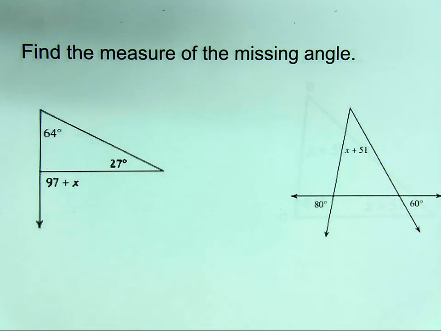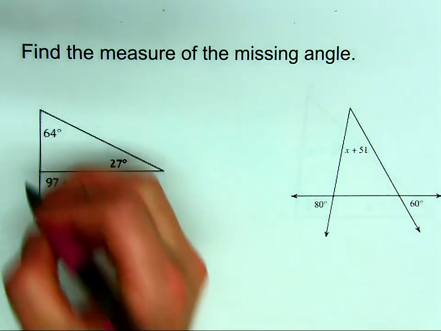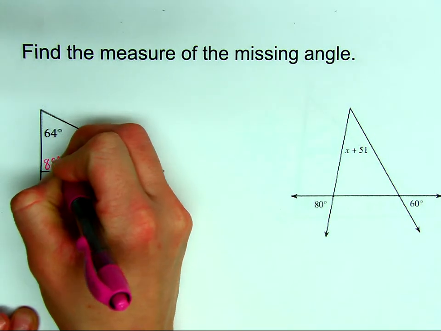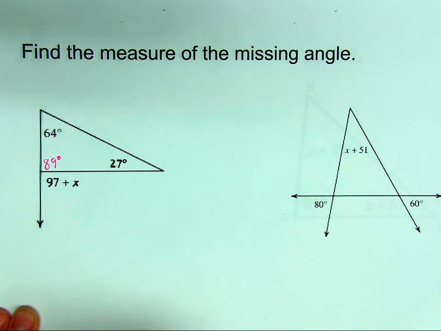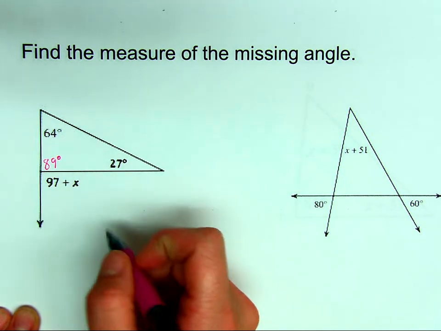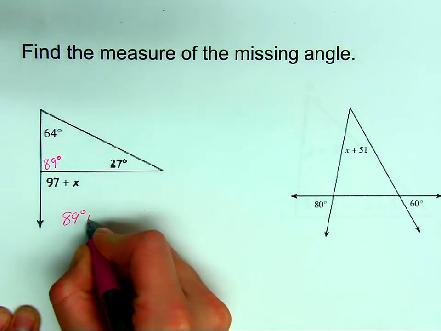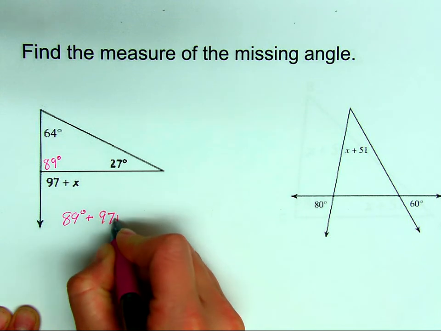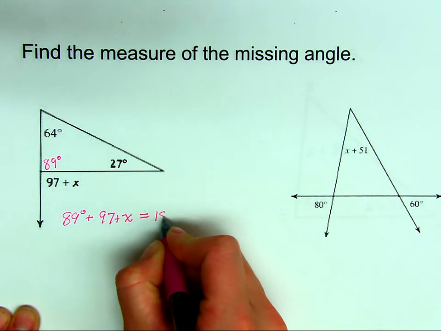So I can do 180 subtract 64, subtract 27 to figure out that this angle is 89 degrees. So then this 89 degrees and this 97 plus x have to add up to 180 degrees. So here is where I can make my equation all equal to 180.